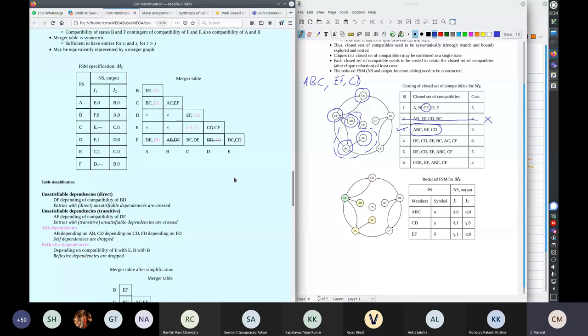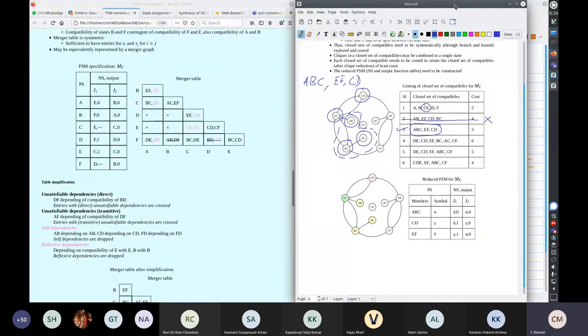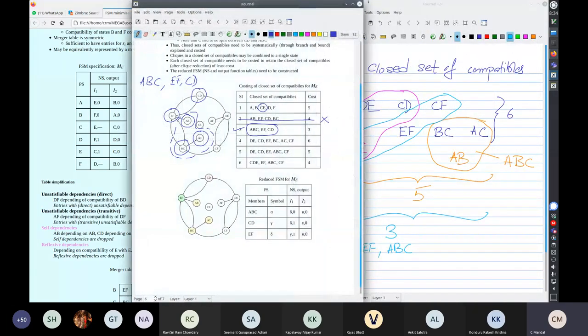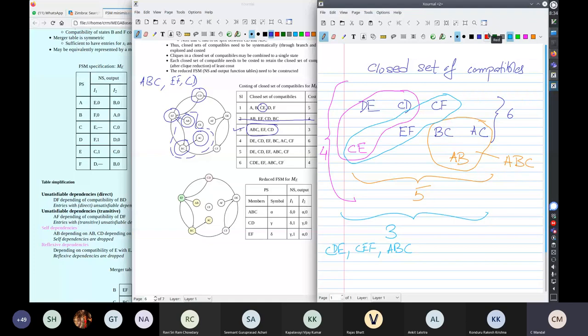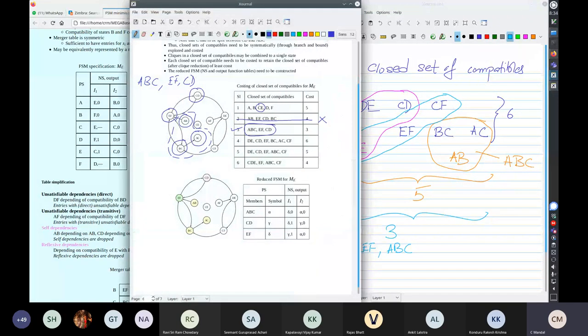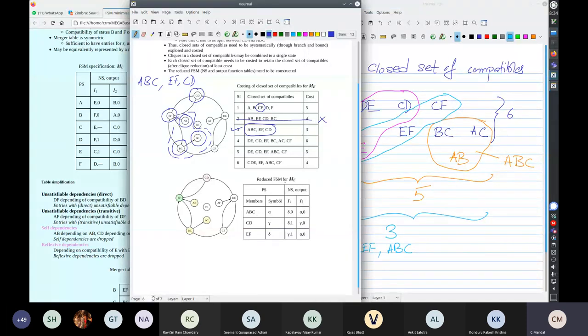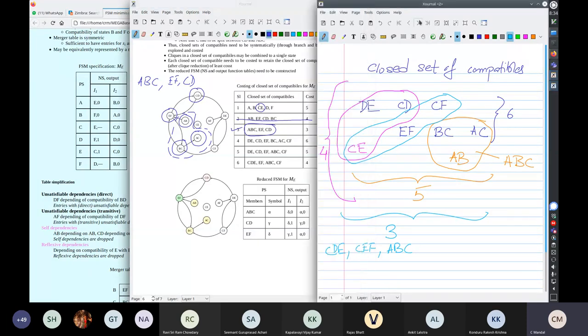Here you have the finite state FSM specification of ME, and this is a closed set of compatibles for ME.